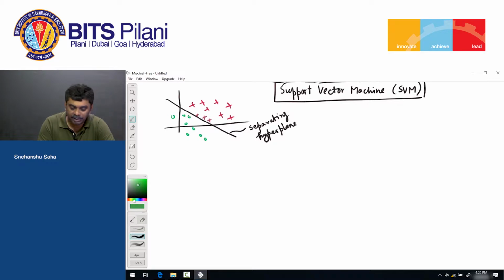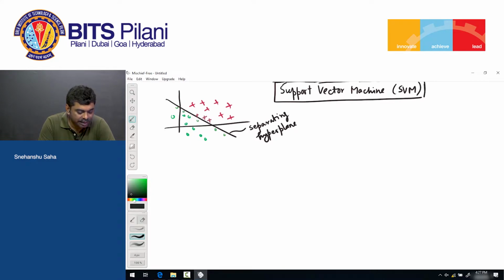However, if I have data points like this, and then data points like this, don't you think it's going to become a bit tricky to rely on this line as the separating hyperplane? Because there could be noise as well.